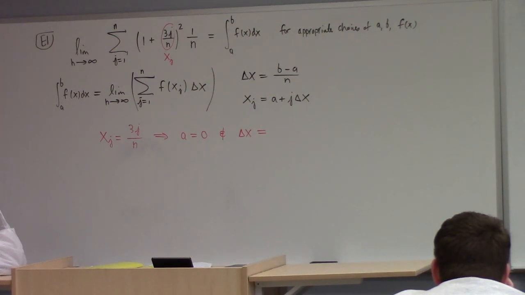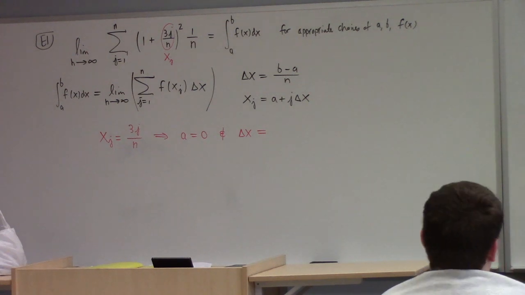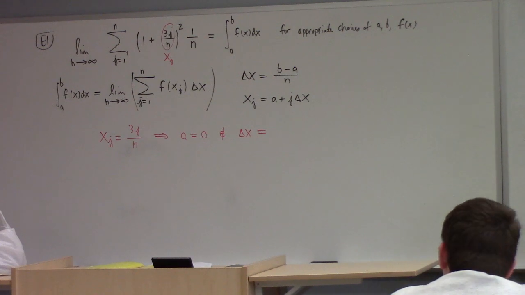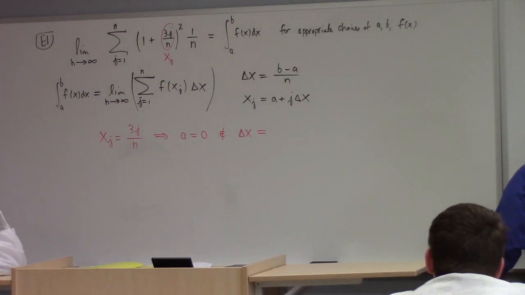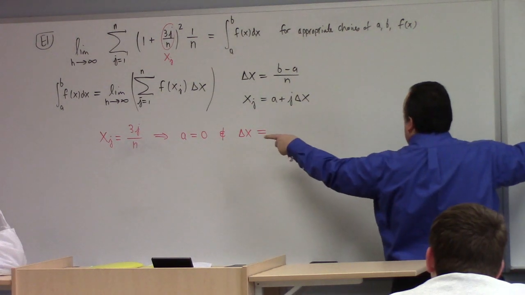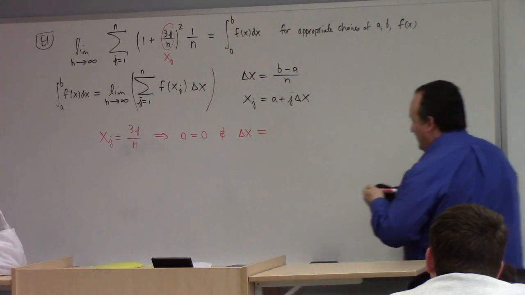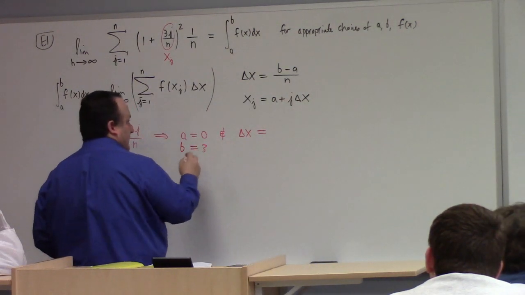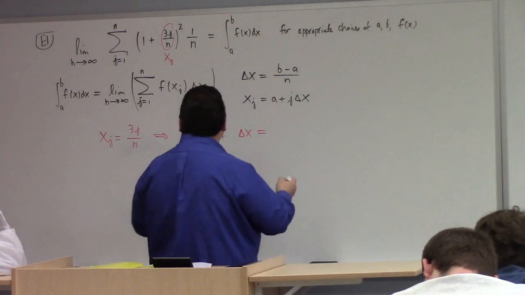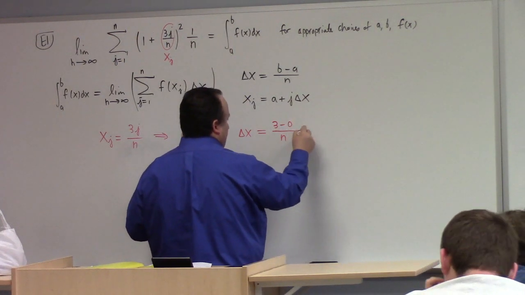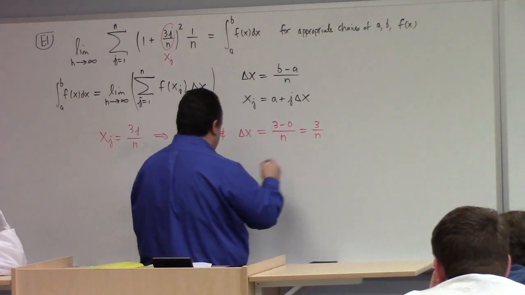No, j is not part of it. So the formula for delta x is b minus a over n. I'm suggesting a is equal to 0. Now I like b be 3. I'll take that. Maybe b is 3. Sure. Delta x should be like 3 minus 0 over n, you know? 3 over n.